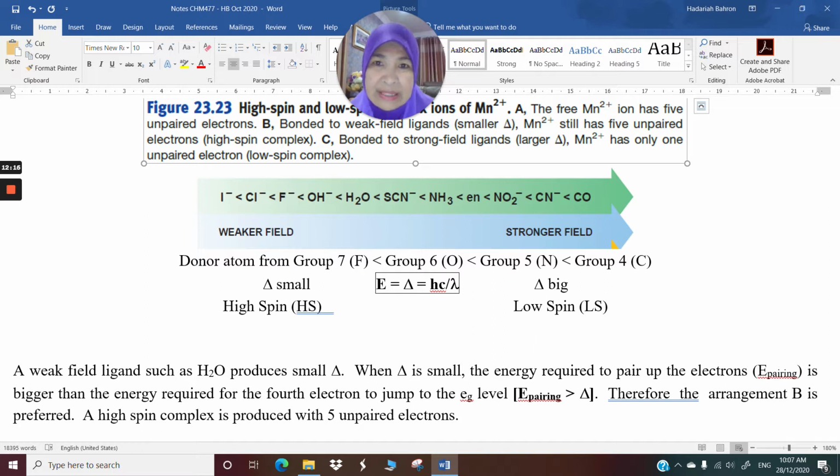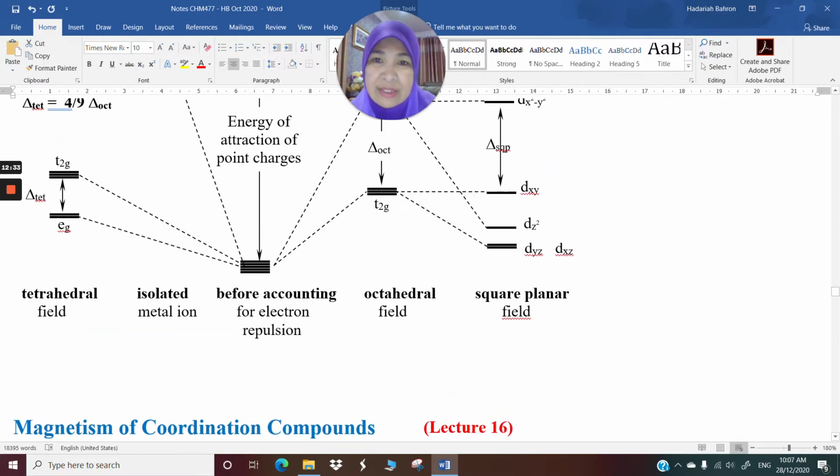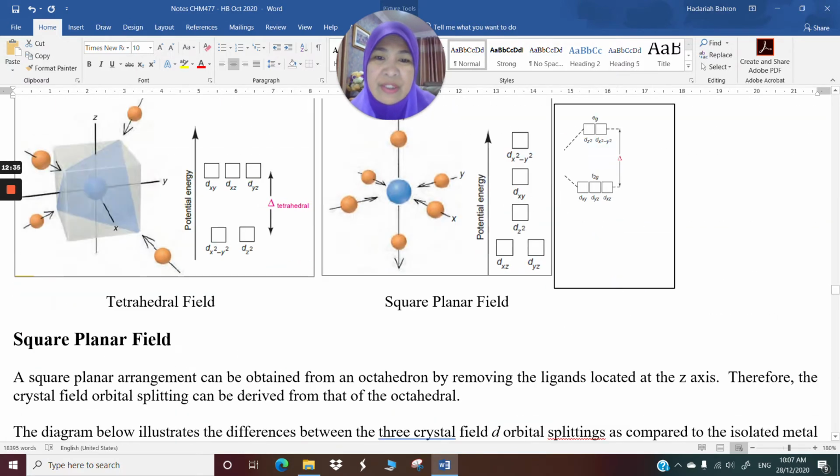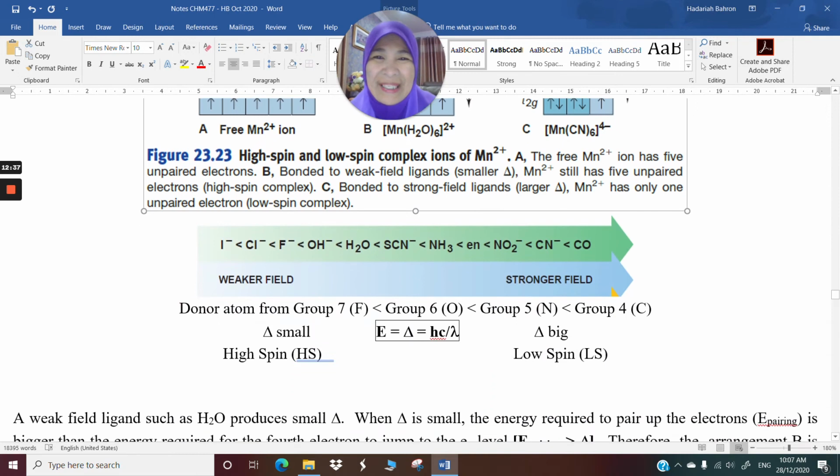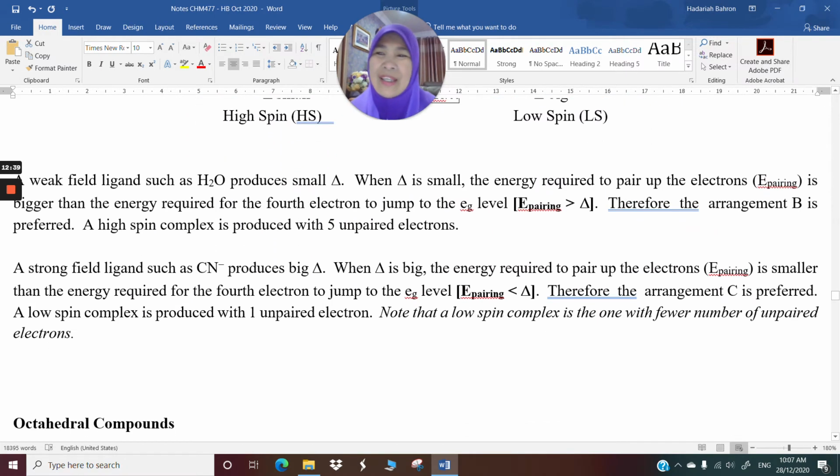This cannot be easily done with valence bond theory, because in valence bond theory, if you can recall, there is no information on the energy level of those orbitals. So you can see crystal field theory is way ahead. Go back to my lecture on valence bond theory if you are not sure what I'm talking about.